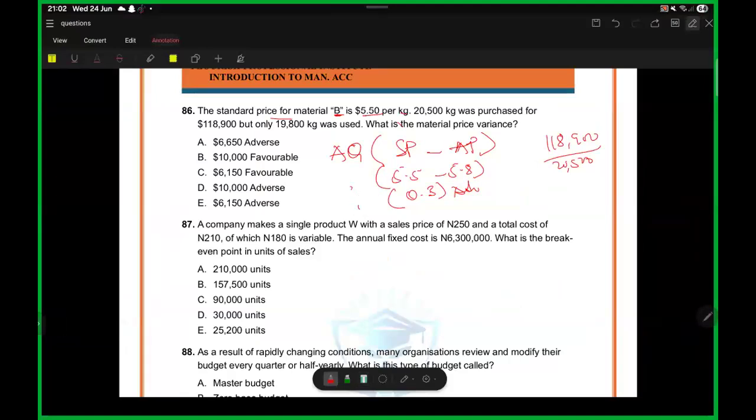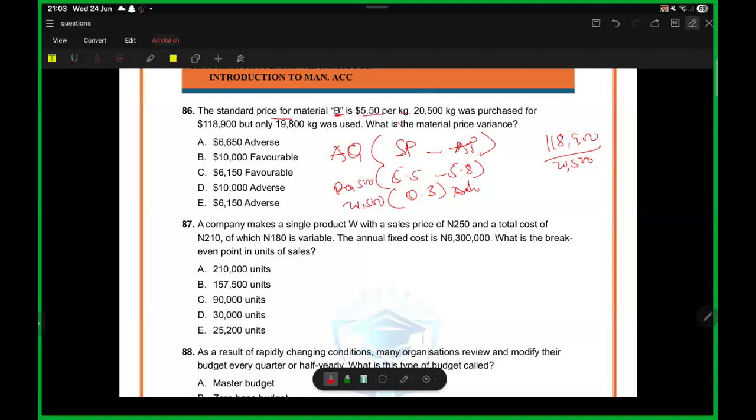All right. So we are told from the question the standard price. They gave us the standard price. 2,500 was purchased for this, but only 19,800 were used. So even though we bought 2,500, the actual quantity we bought was 2,500, but we used 19,800, which means there was inventory left.